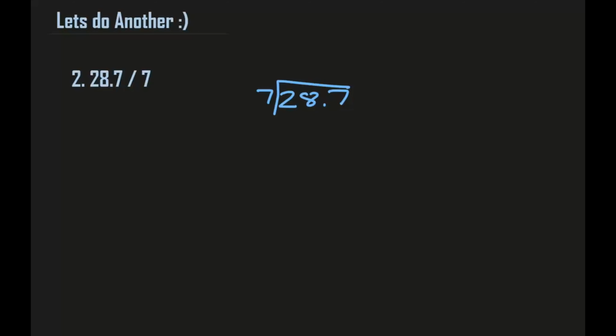So we know that 7 times 4 equals 28. So we can just do that. We're going to write 4 up here, and then we'll write 28 down here. Then we subtract 28 minus 28 equals 0.